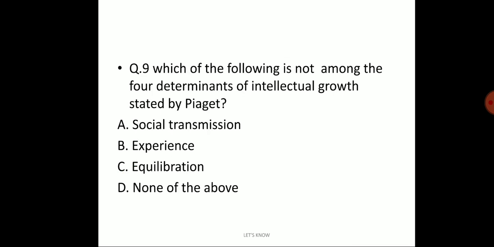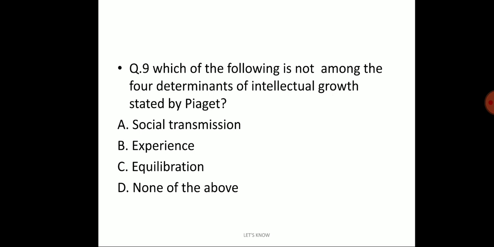Next question: which of the following is not among the four determinants of intellectual growth stated by Piaget? Intellectual means cognitive, so it is cognitive development here. The options are social transmission, experience, equilibration, and none of the above.